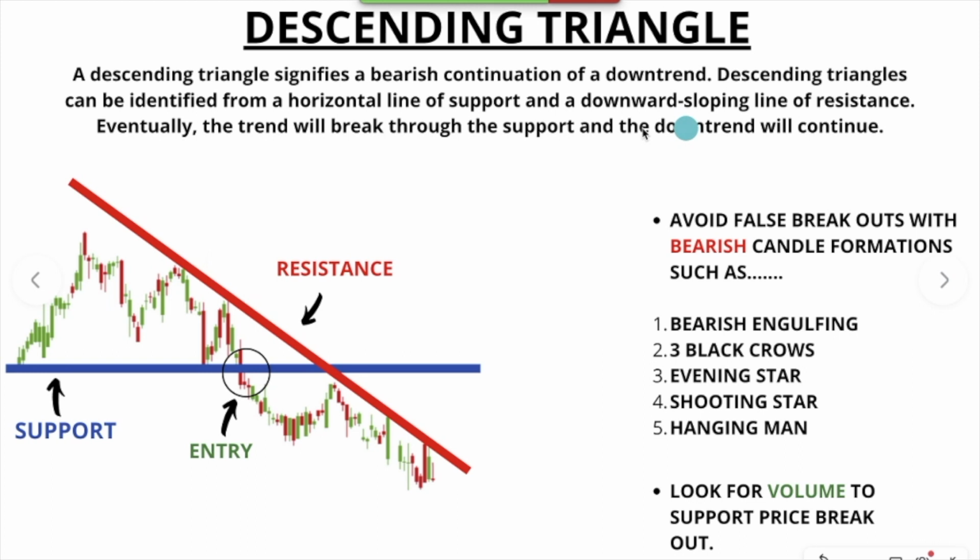Eventually, the trend will break through the support and the downtrend will continue. So, as you can see here, you have your support level going through and your resistance coming down right over here. So usually there'll always be a consolidation phase, right? You could say a consolidation phase, but the swings are a little bit too high to call it that.